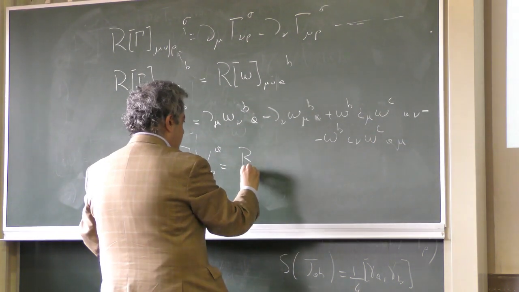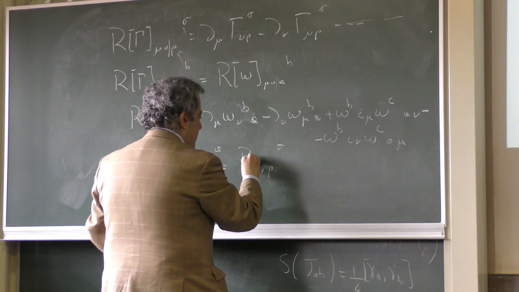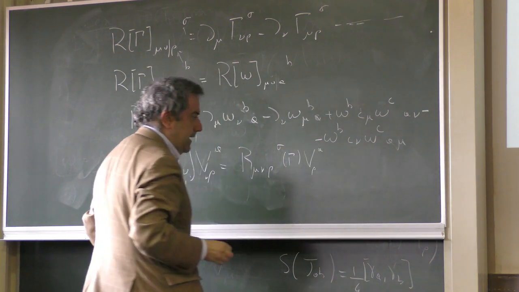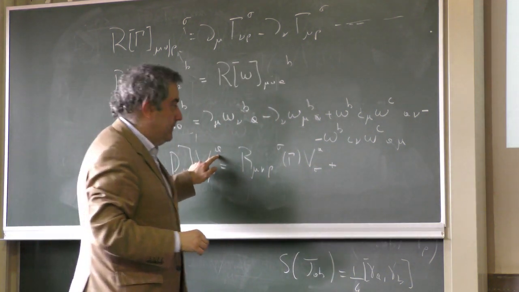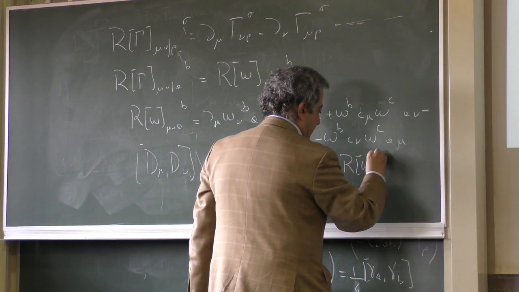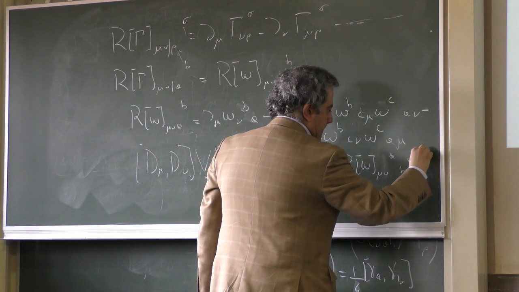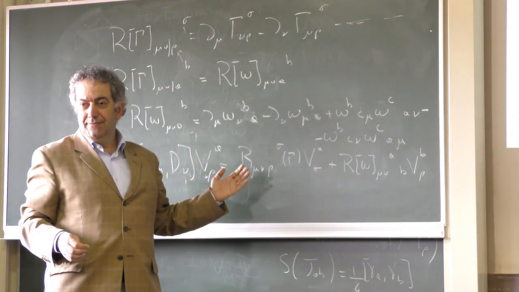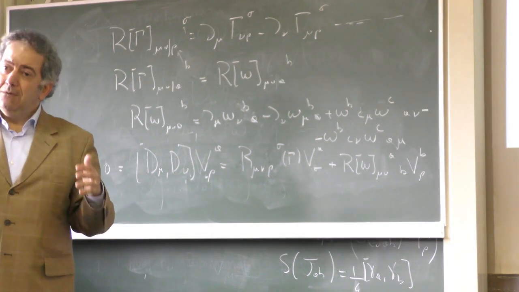This is R, gamma, rho, sigma, gamma, V, rho A, okay, sigma A, sorry, plus, I have to act on A. But the action on A is defined by this guy here, AB, and this has to be zero. So here you get the relation between the two. They are the same. If you want, you can do the explicit computation. That's a bit lengthy, but you get the same result.